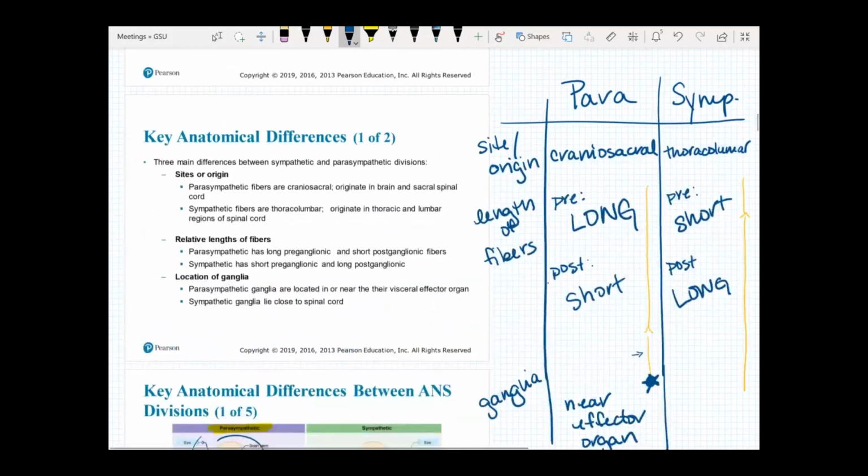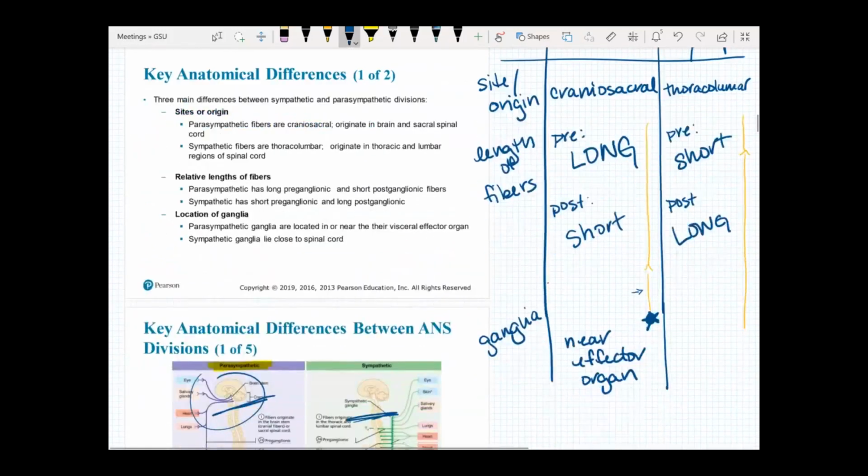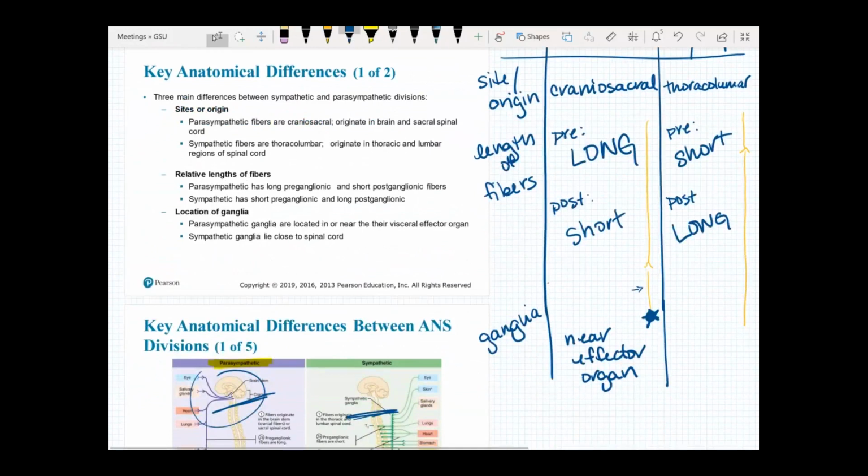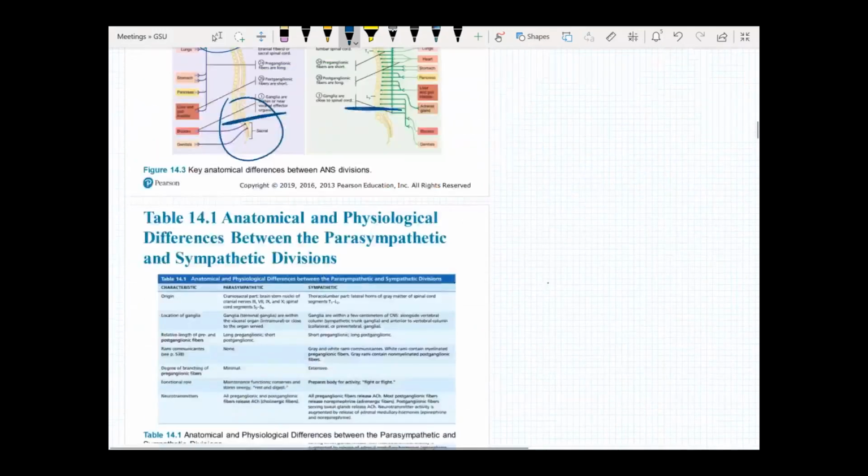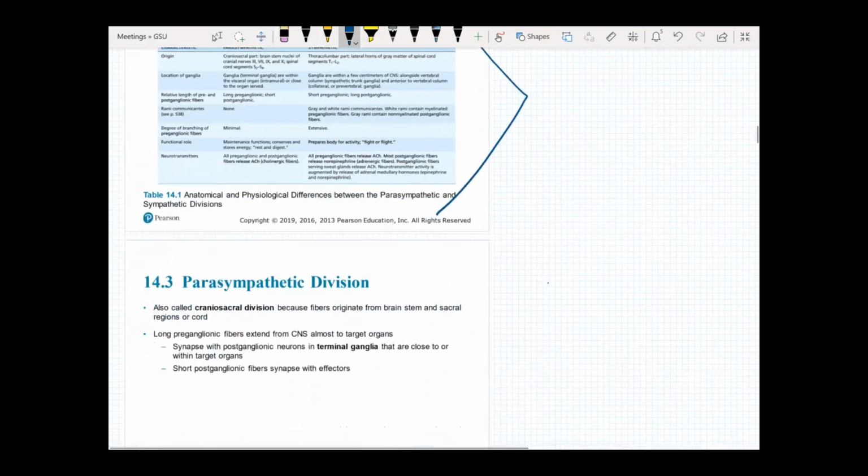In our sympathetic nervous system, your cell body or your ganglia will lie close to the spinal cord, which also makes sense because this first preganglionic cell is short, because this is our effector organ, whereas this is our spinal cord. So that means our ganglia will be close to the spinal cord. So here's another good example of being able to compare those two.